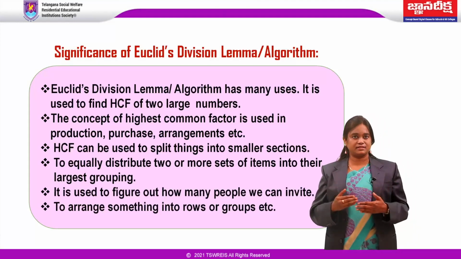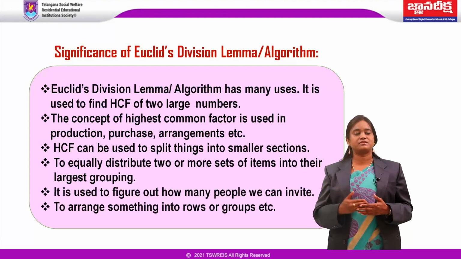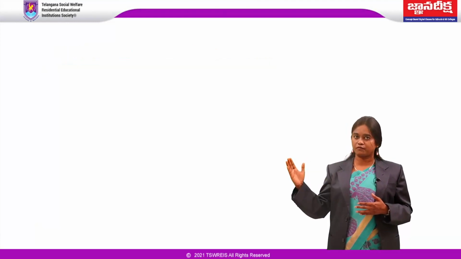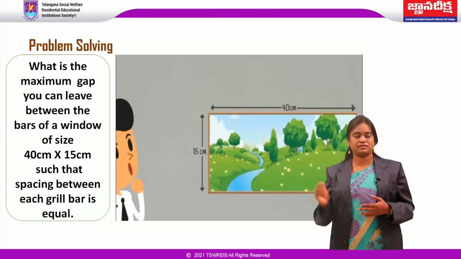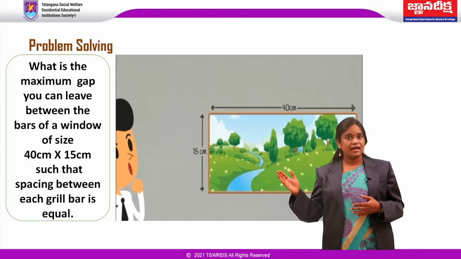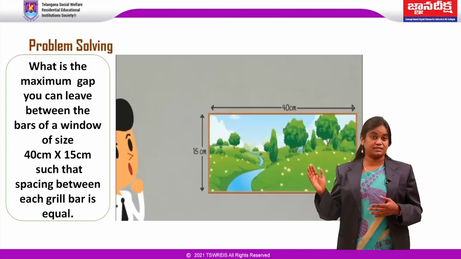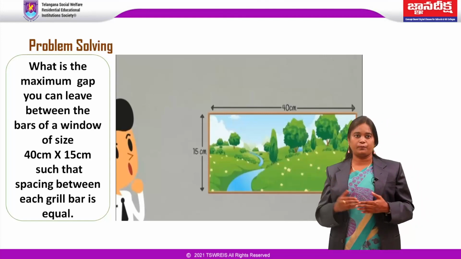To understand this more clearly, let's look at a real-time scenario. Imagine you have a window of size 40 centimeters by 15 centimeters. 40 centimeters is the length and 15 centimeters is the width. You want to fix a grill to your window.